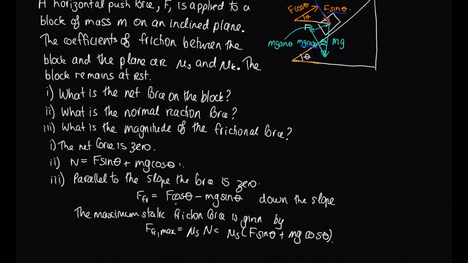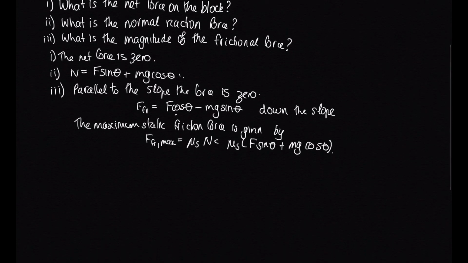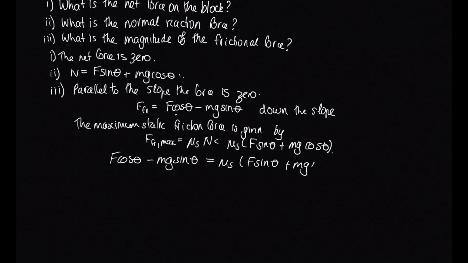So if we wanted to work out our maximum angle, what we'd need to do is set our frictional force equal to this maximum, so we'd end up with F cos theta minus mg sine theta is equal to mu s times F sine theta plus mg cos theta.